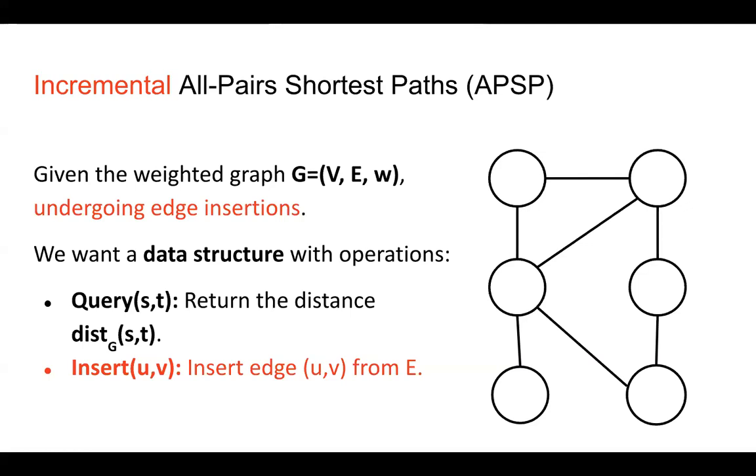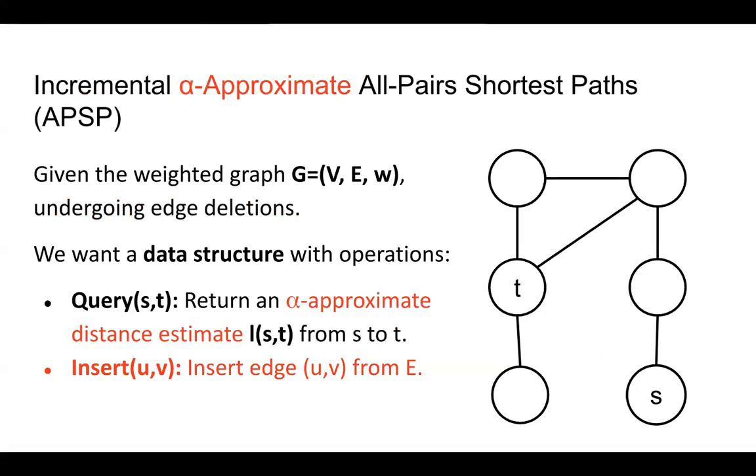Now, unfortunately, it's quite difficult to achieve anything in this model if you don't give a little bit of slack. So what we'll allow for is actually an alpha approximation, where in this talk we'll consider alpha to be really close to 1, so 1 plus epsilon.